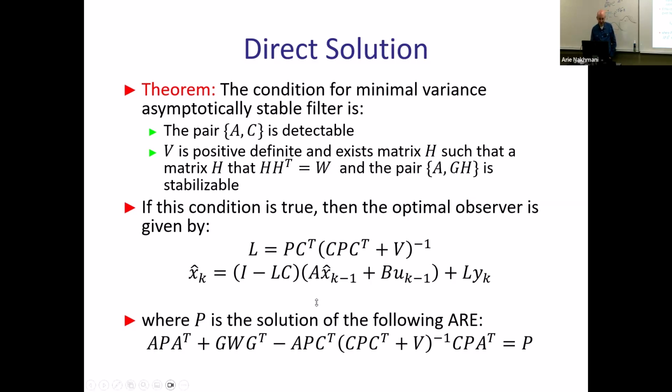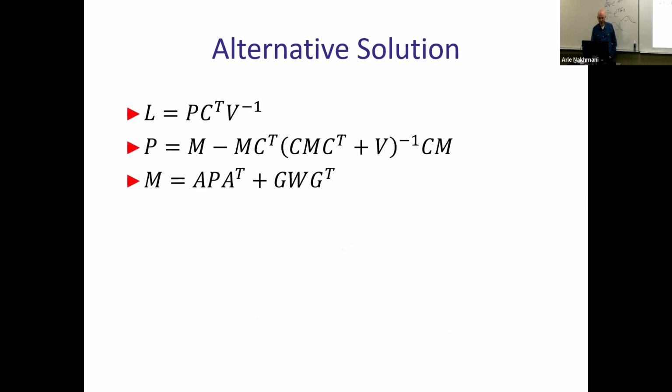This is what you have here, which is exactly the observer formula that we had before. If you remember, the estimated X was the original AX plus BU plus L times Y minus Y estimated, or something like that. Okay. This is the same approach, okay?